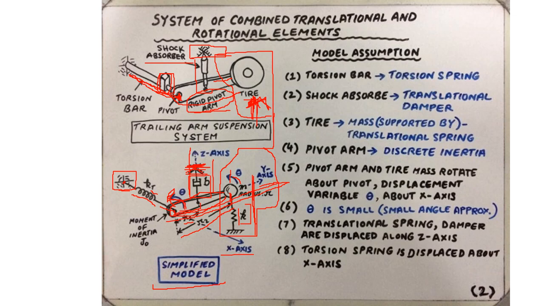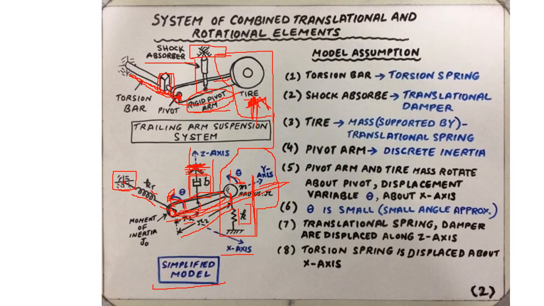So there's going to be a rotational motion. Because the rigid pivot arm is a rigid link, the rotation on both ends should be the same, that is theta. Note that the type of motion exhibited by the pivot arm is rotational by nature.